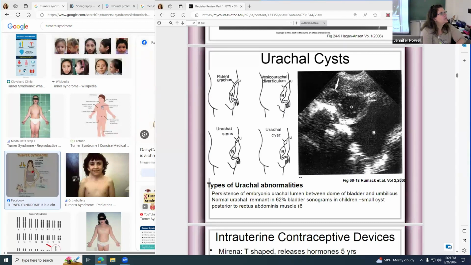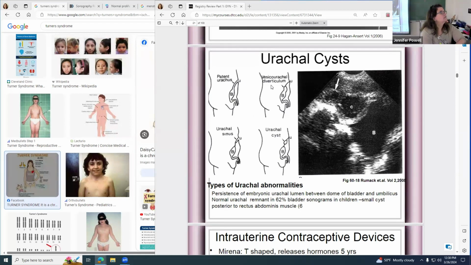Here, this is called a cyst. So urethra, bladder, little channel opening, you have a cyst, and then a little channel again. So this is called a patent urachus, where you just have a direct link to the outside of the body here.